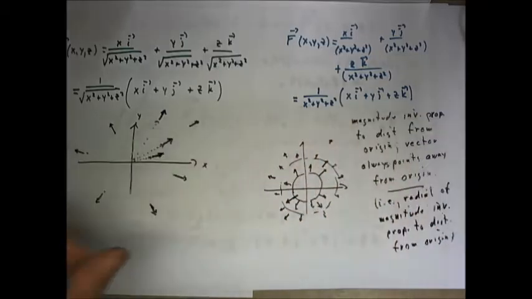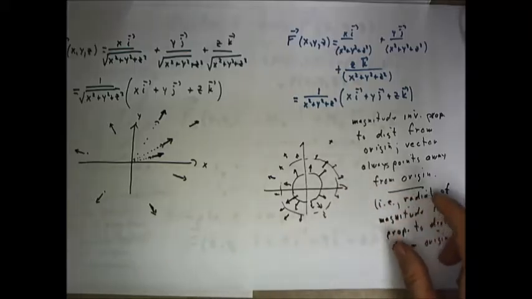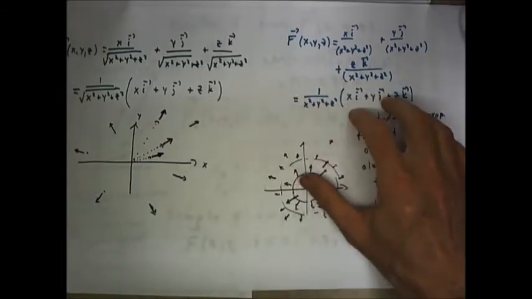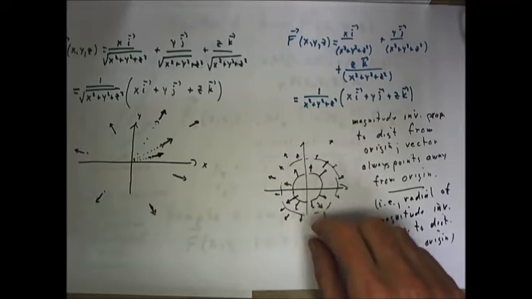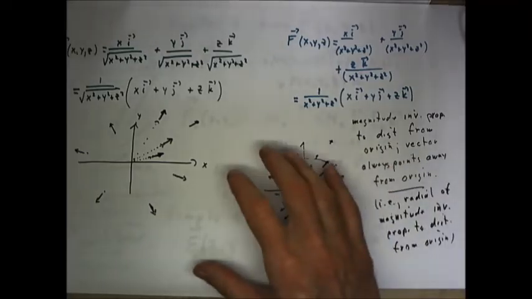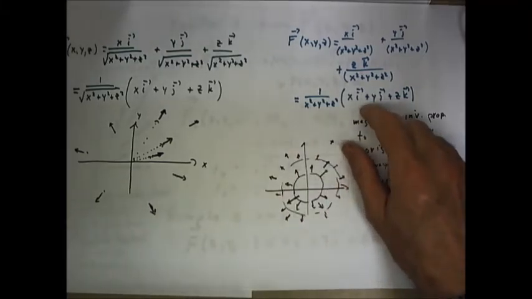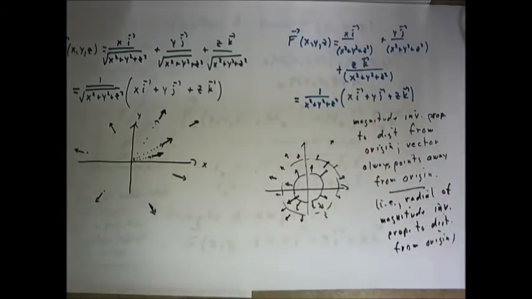Not all vector fields, of course, are radial, but we can use these as some typical examples, and we'll see many more examples of vectors that are radial multiples of xi plus yj plus zk.